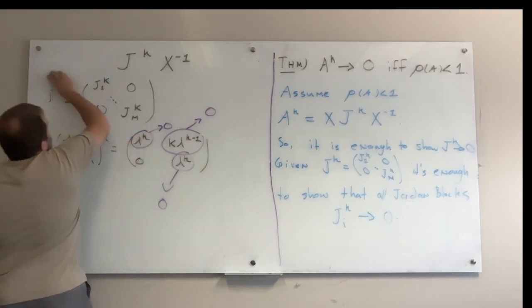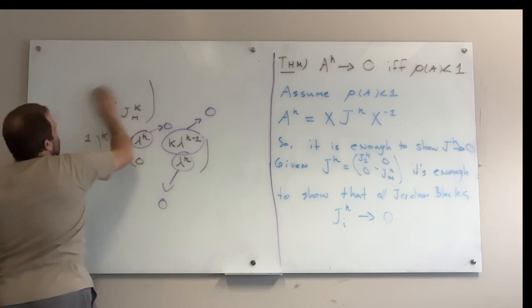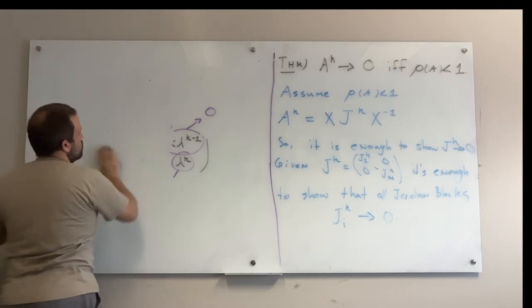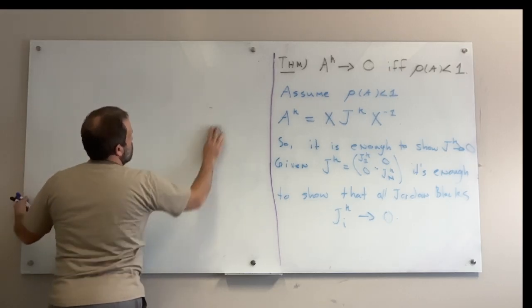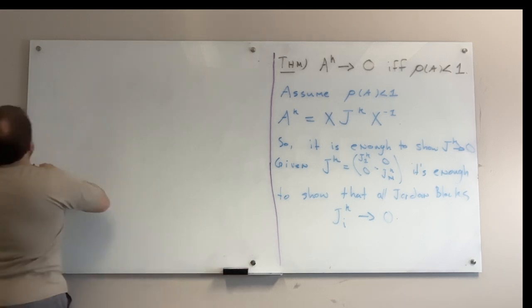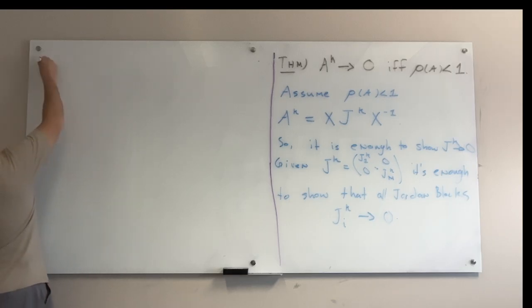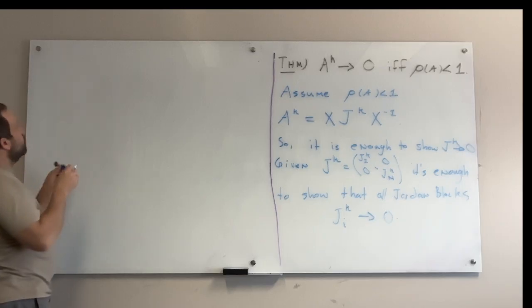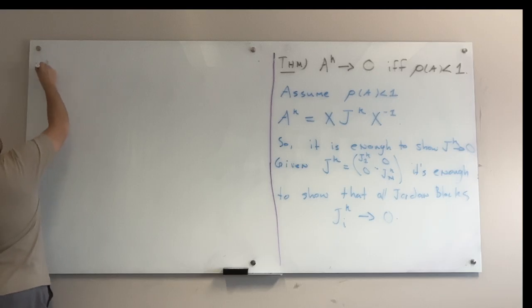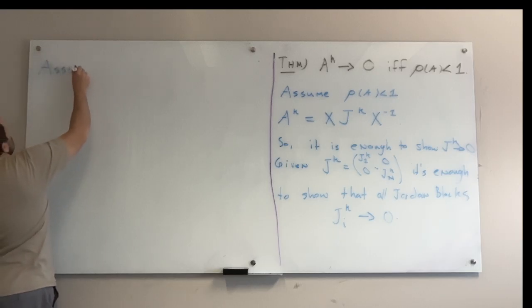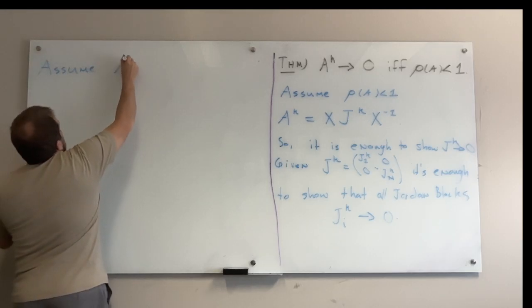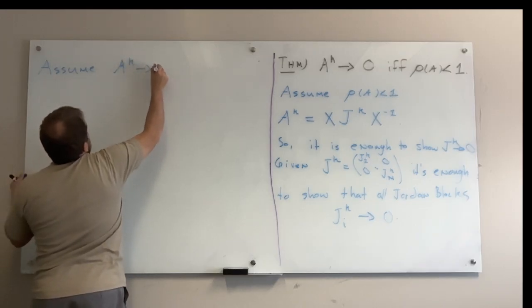Okay, so now I'll just briefly show the other way. Well, no, I want you to prove the other way. But the thing that I want to show you is, assume that A^k goes to 0.